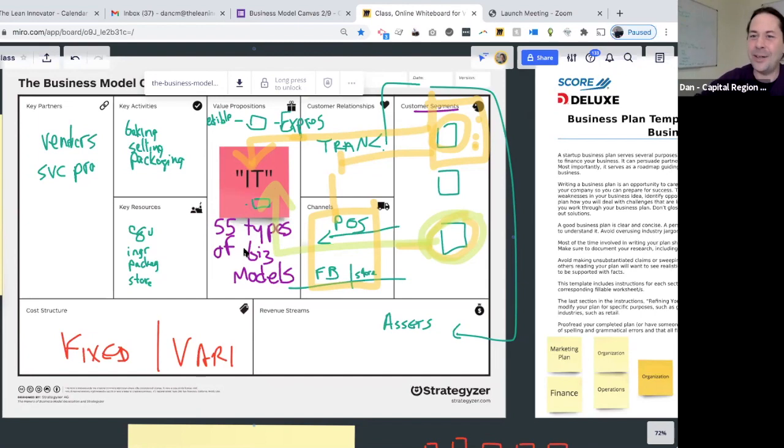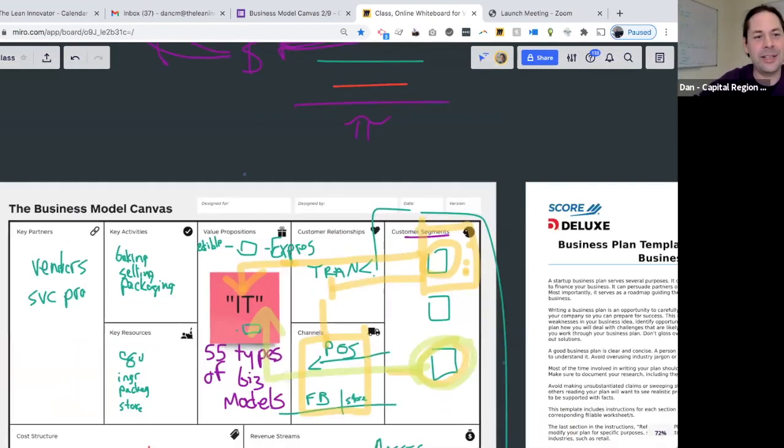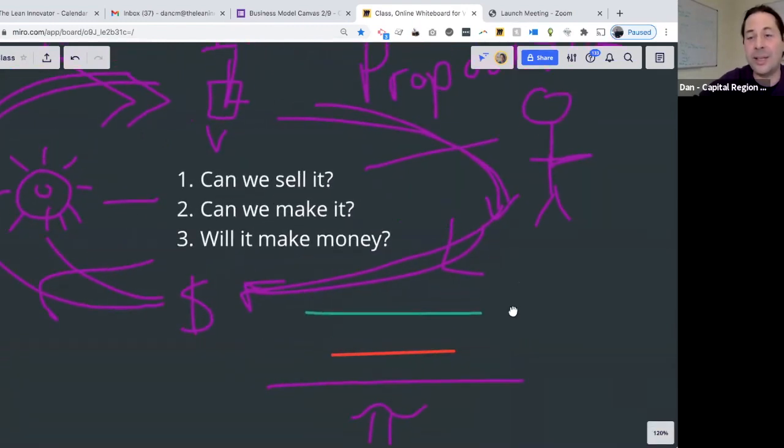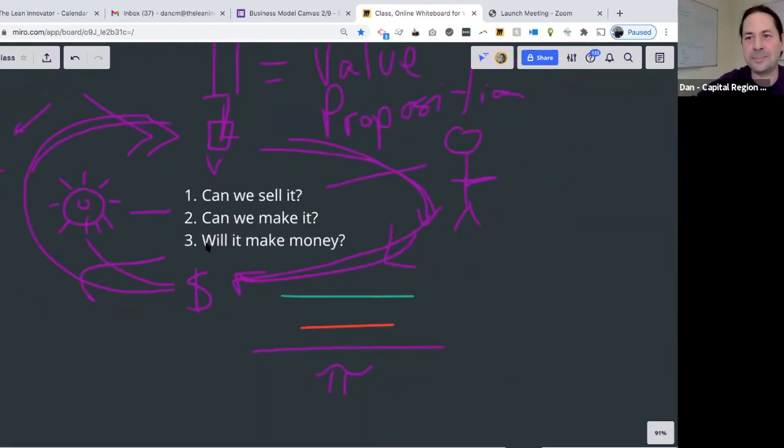It always comes down to these 3 questions. While thinking about it is great, at the end of the day we also need to execute it. So we also want to do a sanity check. After we have all these awesome ideas, we come back and say, okay, what do I need to do to sell it? And do I have the wherewithal to make that happen? And then the same thing for those other questions, okay?